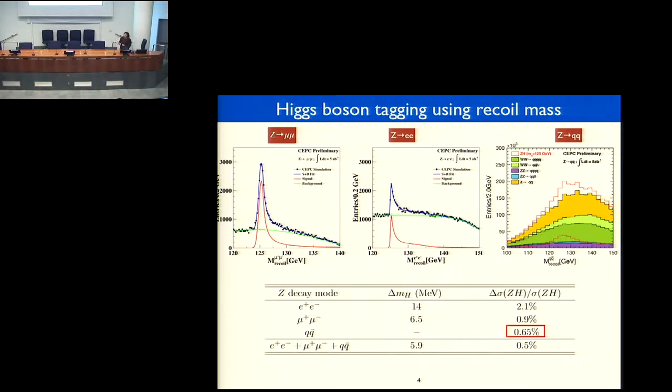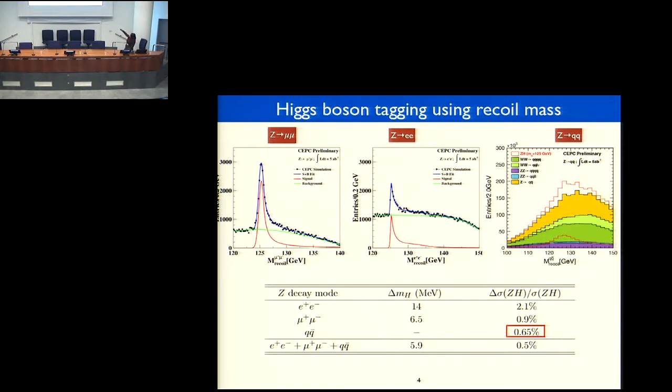You just tag the Z, and then you look at the rest of the event. I just want to highlight these two distributions. This is the classical one whenever people think about it: the Z to mu mu tagging. You see the beautiful peak, and you have a slightly less sensitive channel, which is Z to ee, because the background is a bit larger.